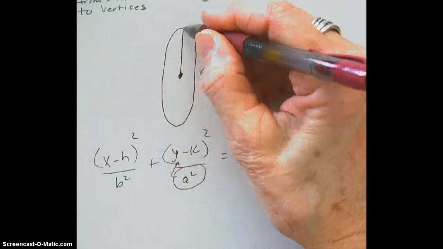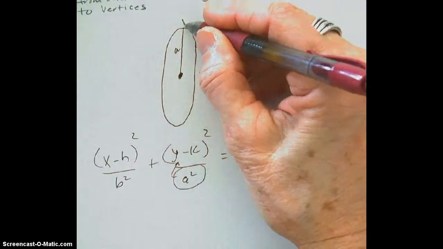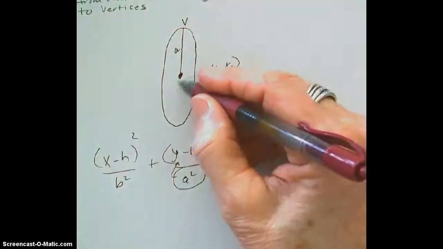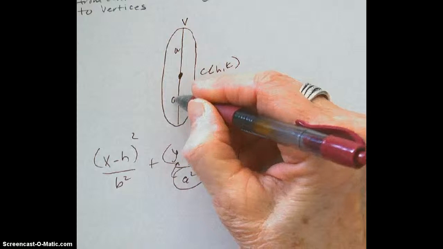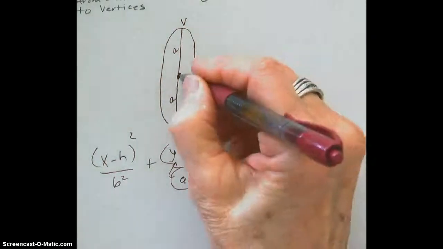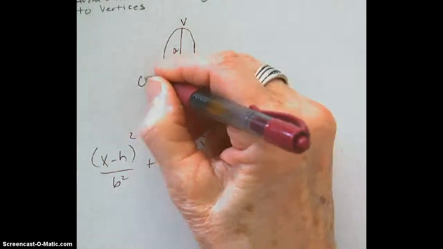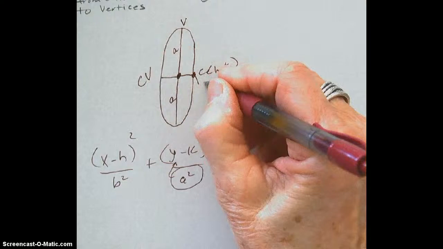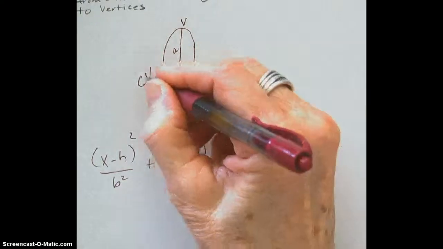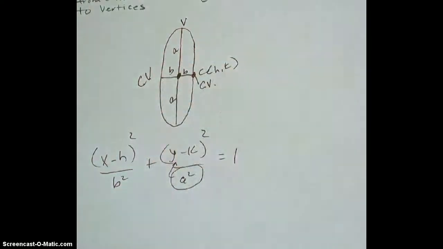So A is going to be the distance in the y direction, and we'll go up and down A. B is going to get us to our co-vertices. So try to label all these points on the blank side of your notes, and then I'll show you a couple examples to draw your ellipse.